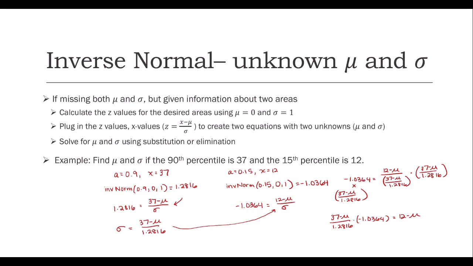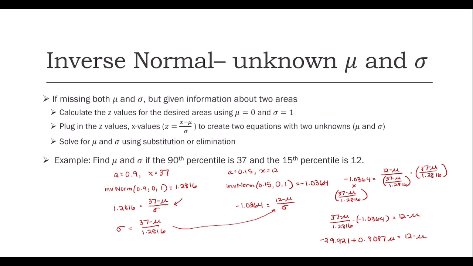So when we do 37 divided by 1.2816 and multiply that by negative 1.0364, that gives us negative 29.921 minus mu times negative 1.0364 over 1.2816, which becomes plus 0.8087 mu equals 12 minus mu.